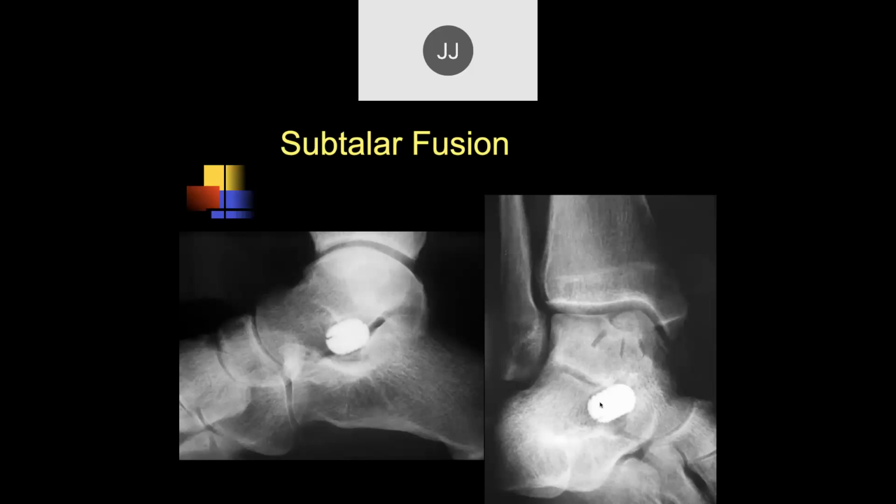You can always put a graft in there, which works better, but this area is not very good in fusing just by using one kind of device like this. You have to remove the cartilage, etc., and then do just an ordinary fusion like you would other bones and put screws across. The talus obviously has got a problem.